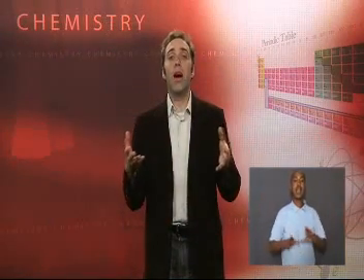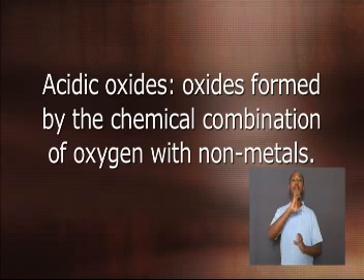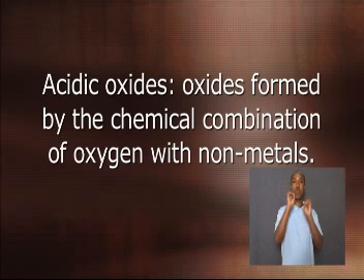Let us continue our lesson by discussing acidic oxides. Acidic oxides are the oxides formed by the chemical combination of oxygen with non-metals. Therefore, acidic oxides are classified as non-metal oxides.